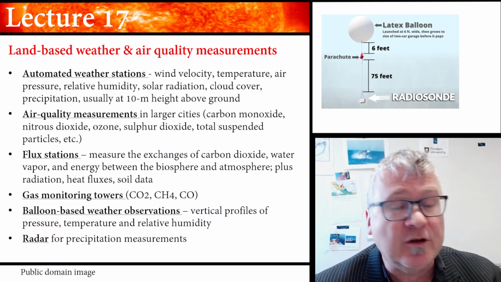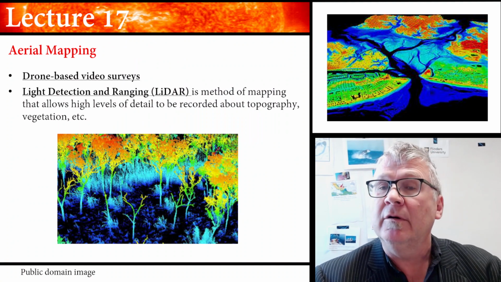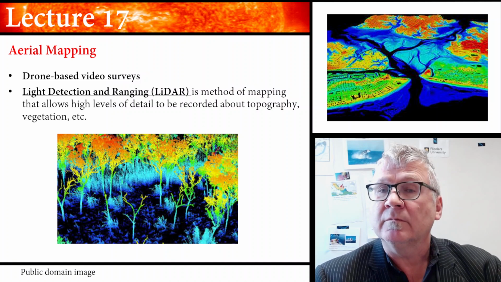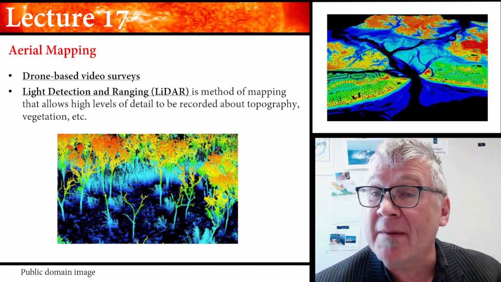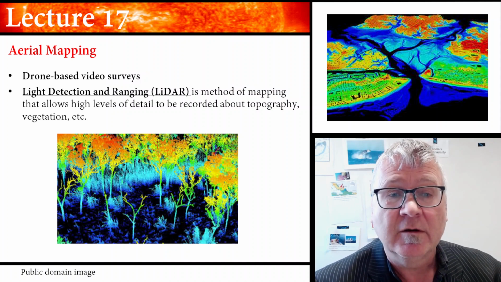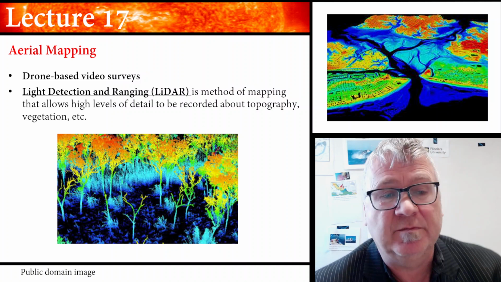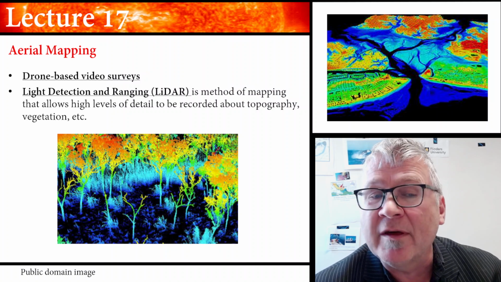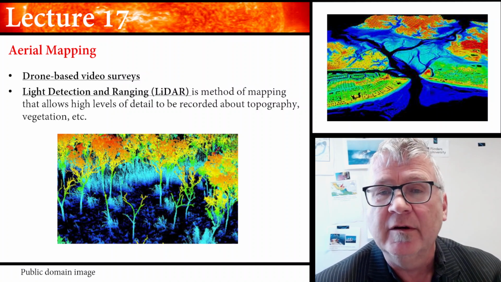And let's just briefly talk about the aerial mapping. It's about the mapping of vegetation, if you like. Or the mapping for the development of cities. So, common methods used: the modern method is based on drone-based video surveys.